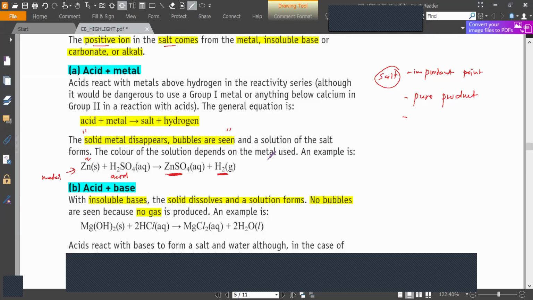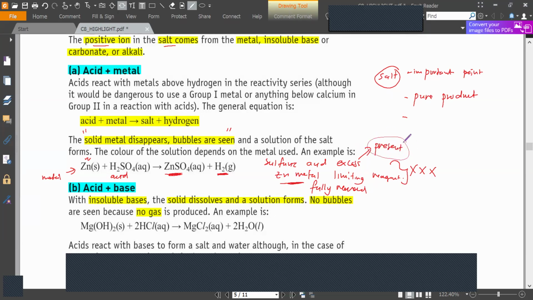Let's say we put sulfuric acid in excess, and zinc metal is the limiting reagent. This is wrong. Why? Because the limiting zinc metal fully reacted, but the excess sulfuric acid is still present.